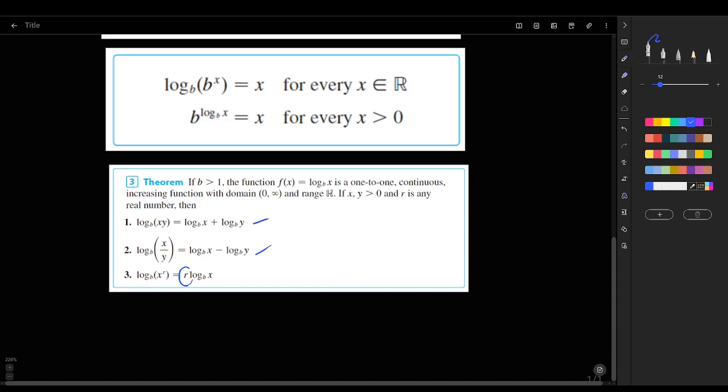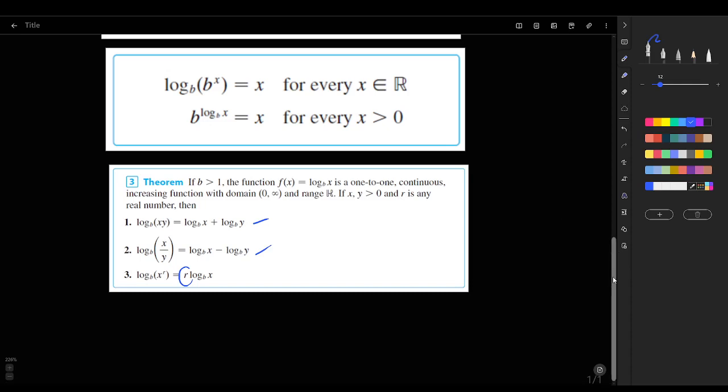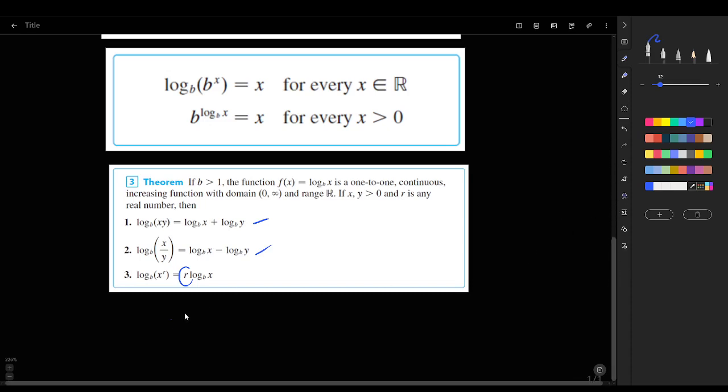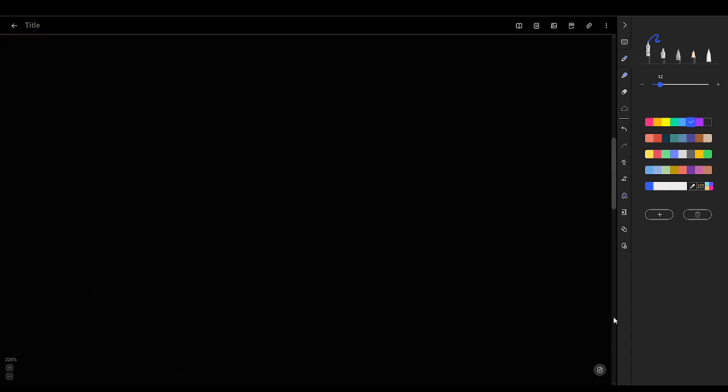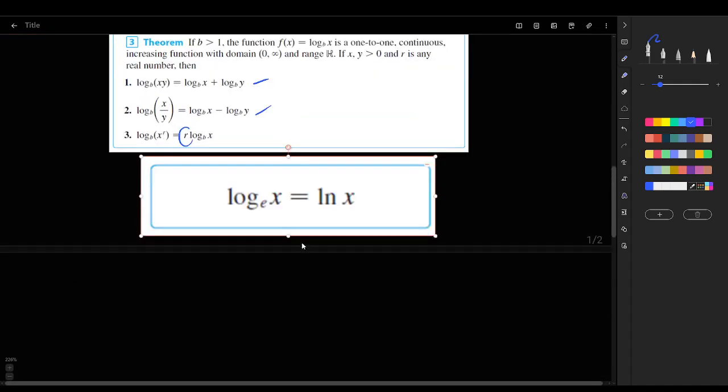So let's proceed. Yeah, again, there are types of logarithmic functions, no? And this special function is what we call the natural logarithm, right? So if you want to know about the natural logarithm, the base of the natural logarithm is what we call the Euler number, right? Yeah, the log of x with base e, or the Euler number, is just another form of ln x.